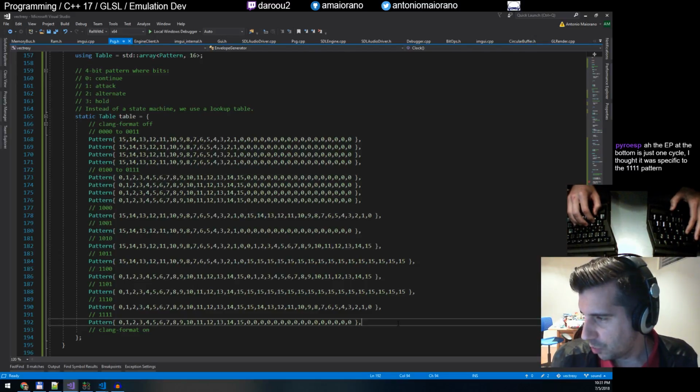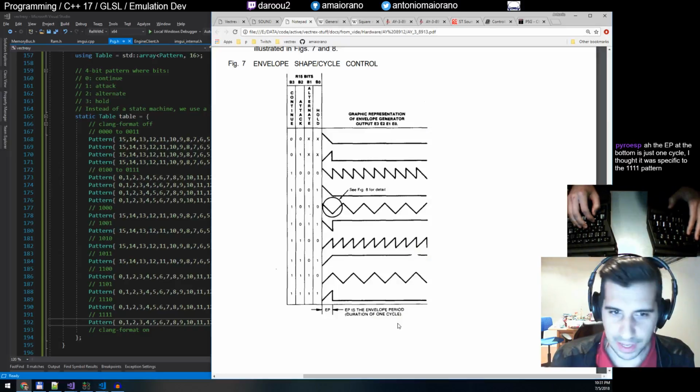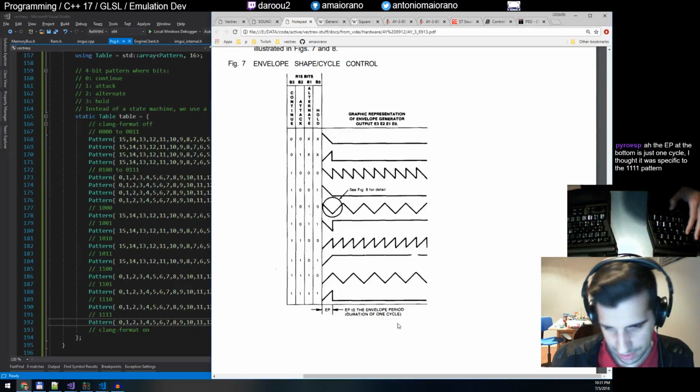The EP at the bottom is just one cycle. I thought it was specific to the 111 pattern. Oh, yeah.